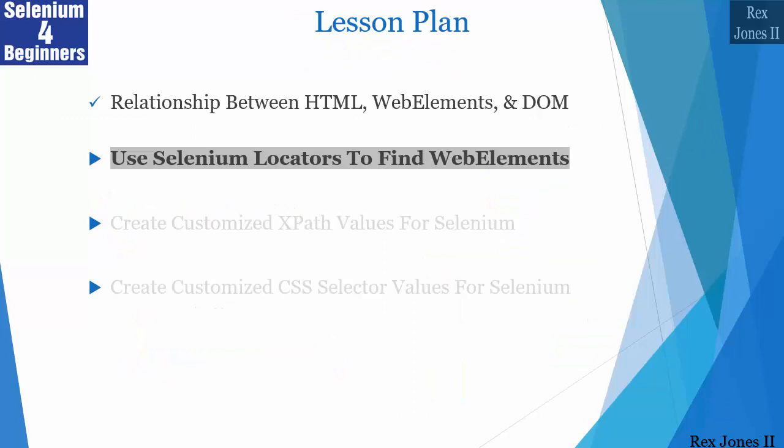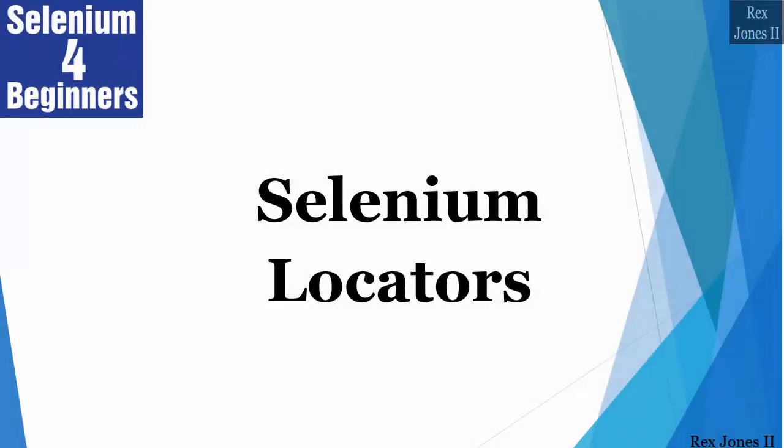Next, we are going to use Selenium Locators to find web elements. Before checking out how to use a Selenium Locator to find a web element, let's look at the Selenium Locators. Then at the end, we are going to look at the rankings for the Selenium Locators.